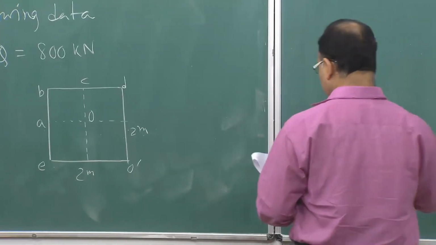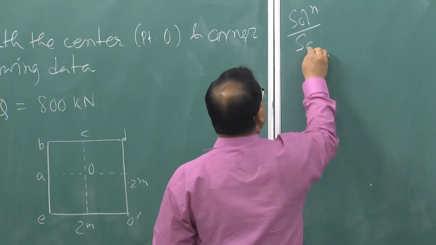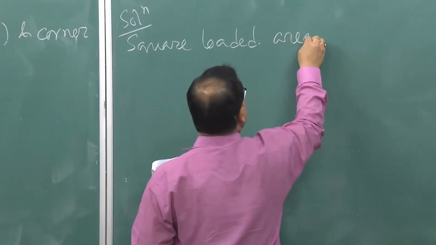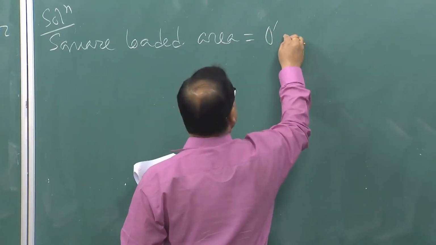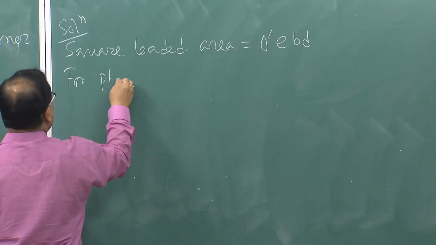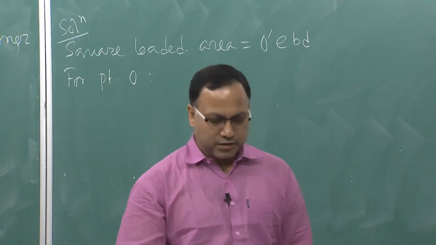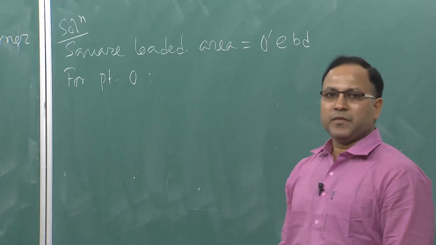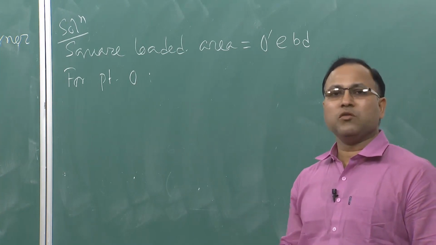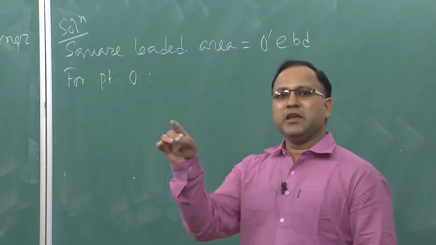Okay. So, let us solve this problem. Square loaded area is equal to O prime E B D for point O. And we know, if you recall whatever we have learned in the lecture class, for any rectangular area you have the formula, sigma V equal to Q naught into I sigma, and this I sigma will give you the stress at the corner of any rectangular area.